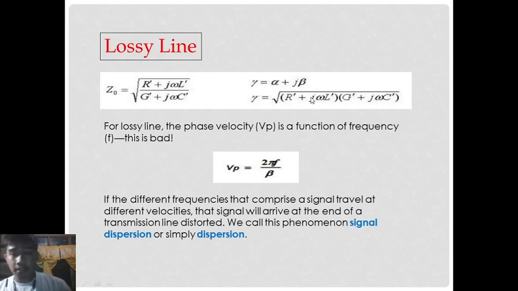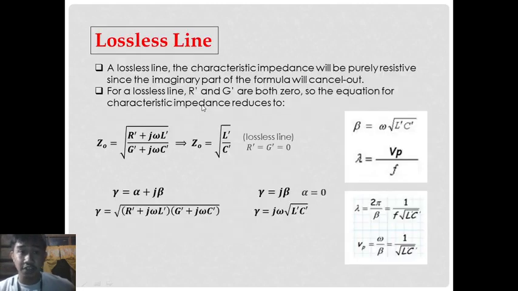Solving the characteristic impedance and the propagation constant in a lossless line is different. In a lossless line, the characteristic impedance will be purely resistive, since the imaginary part of the formula will cancel out. As you can see here, both R prime and G prime, the resistance and conductance per unit length, are equal to 0.